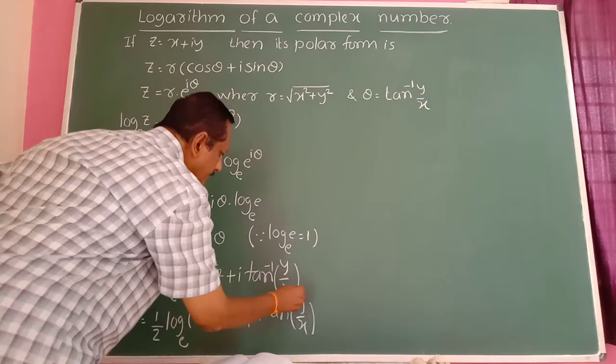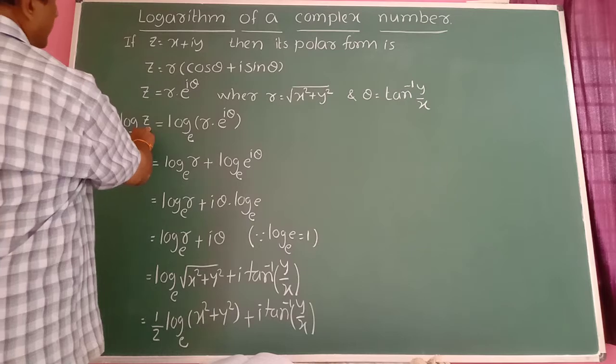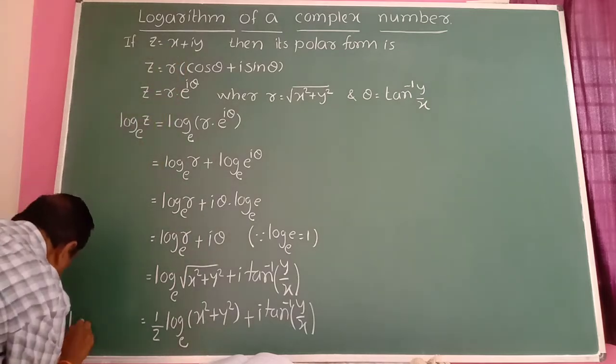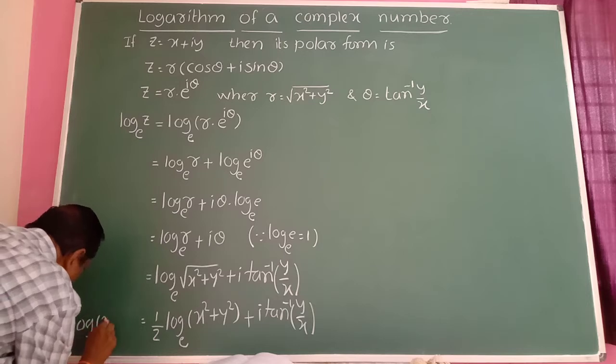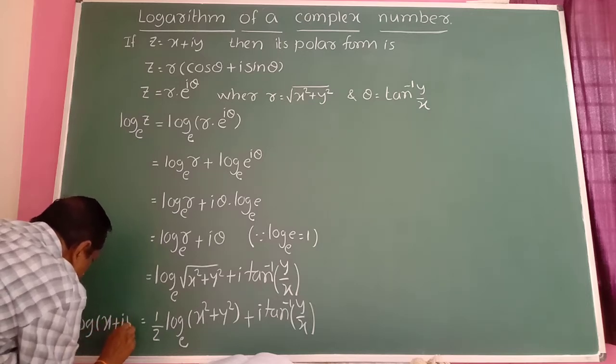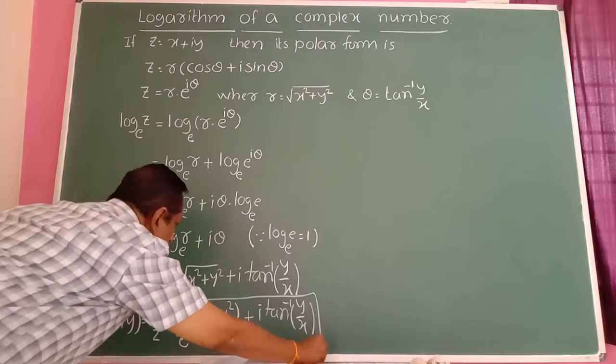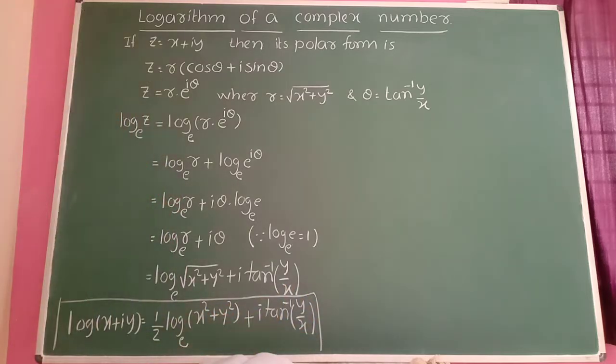Therefore, log of x plus i into y is always 1 by 2 log x square plus y square to the base e plus i into tan inverse of y divided by x.